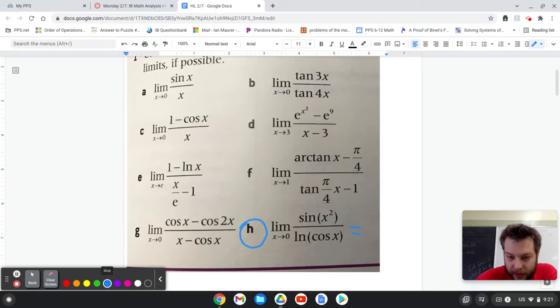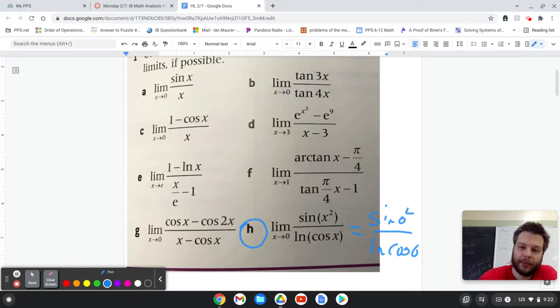On the top, we have the sine of 0 squared, which is 0. On the bottom, we have the natural log of the cosine of 0. And if you think about it, cosine of 0 is 1, natural log of 1 is 0. So we have another 0 over 0 indeterminate form. Just keep in mind you may get some infinity over infinity indeterminate forms. Just haven't seen those in the examples yet.